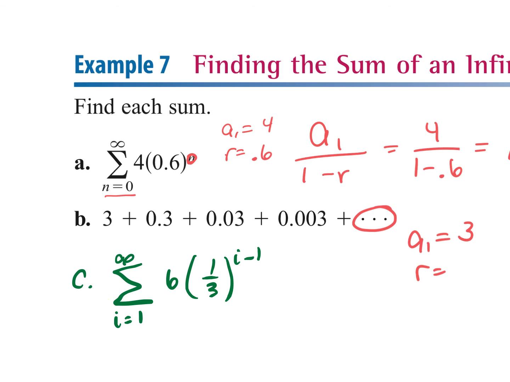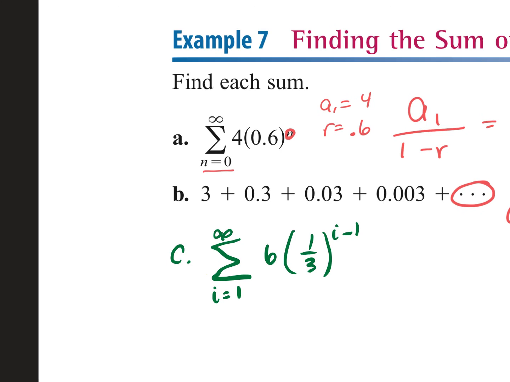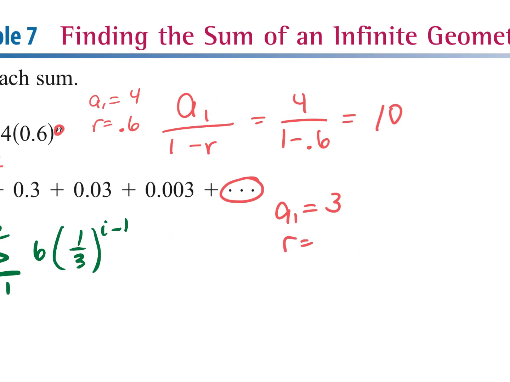How do we do that with geometric? You figure out what's being multiplied. Take one of the terms and divide it by the term before it. It doesn't matter which one you use. So I'm just going to take the second term, which is 0.3, and divide it by the first term, which is 3. So what is 0.3 divided by 3? Yep, so my ratio is just 0.1.